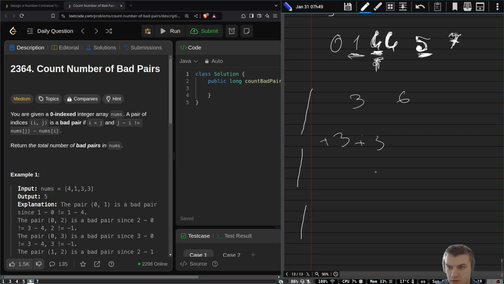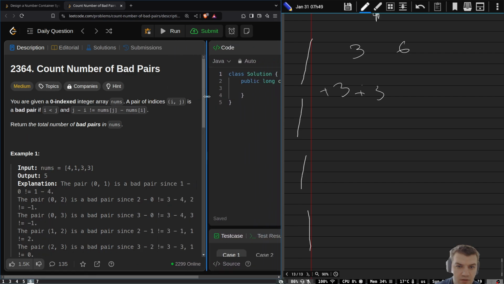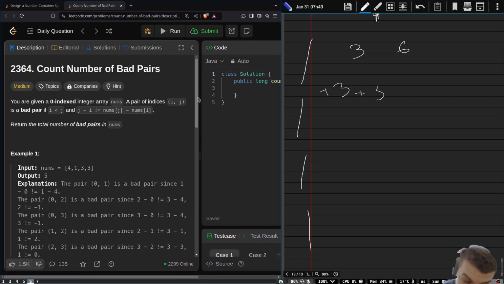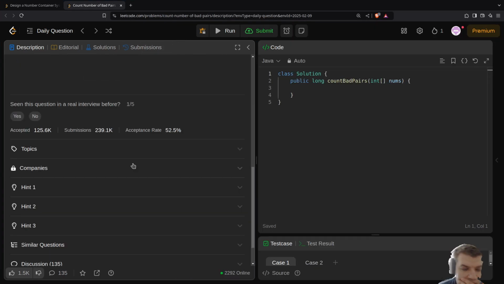Okay, so today I'm gonna be solving another Leetcode daily problem. This is count number of bad pairs. So let me read this problem. I never solved it before, so I'll be trying to solve it now.